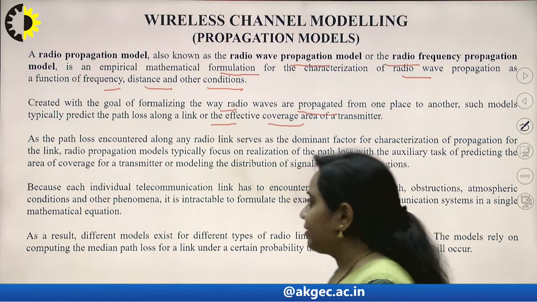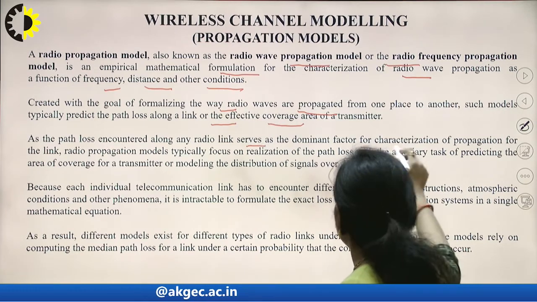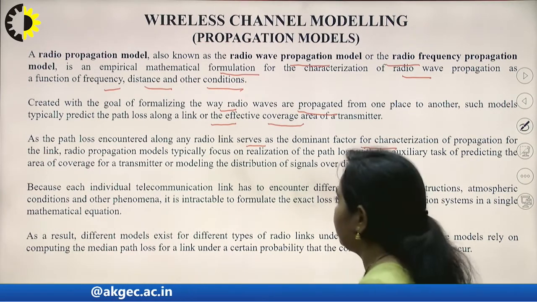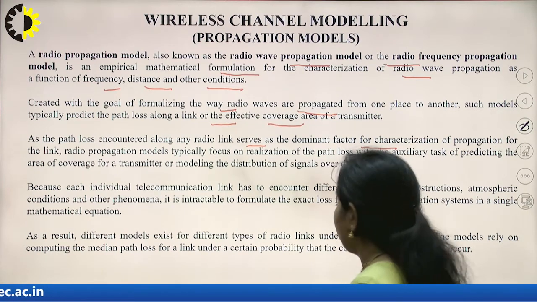As the path loss encountered along any radio link serves as the dominant factor for characterization of propagation for the link, the radio propagation model typically focuses on realization of the path loss.